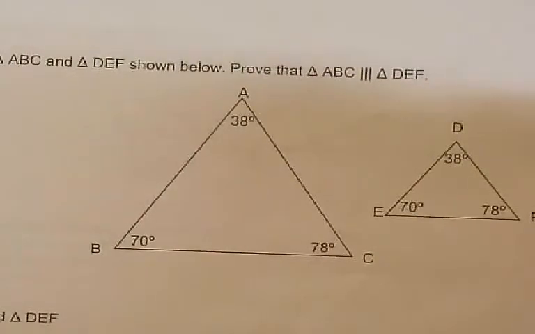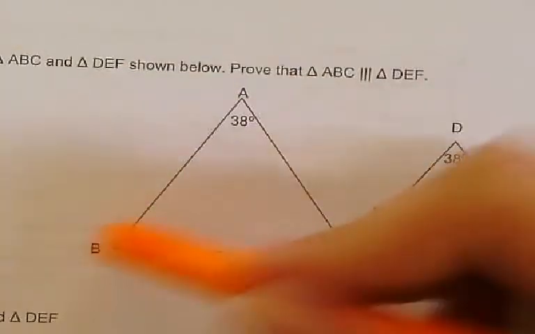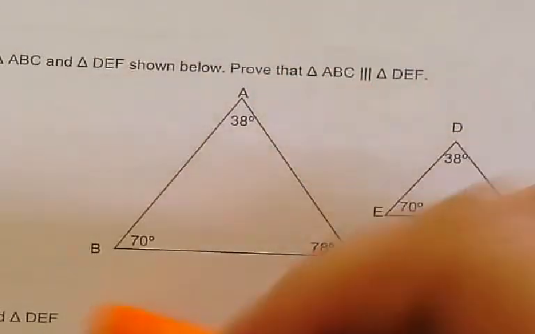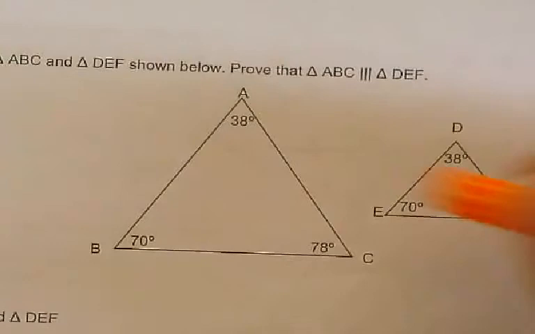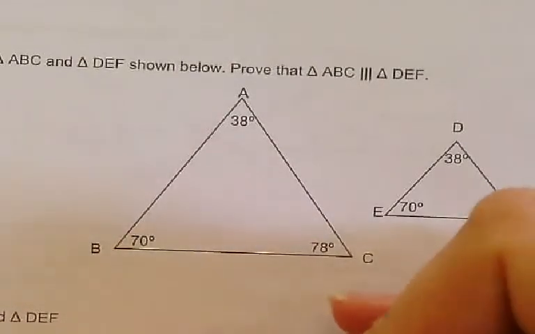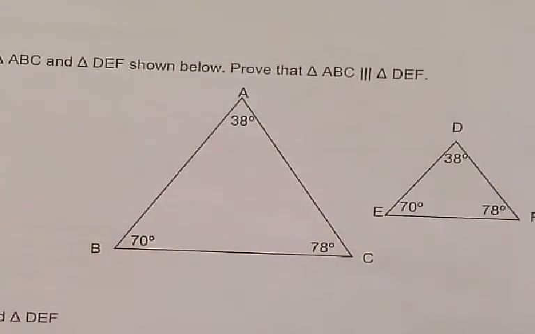It's on the page, so it is given. ABC is the same as DEF. On the page, it is given. And ACB is equal to DFE. It's on the page, so it is given. Therefore, ABC is similar to DEF, angle, angle, angle.